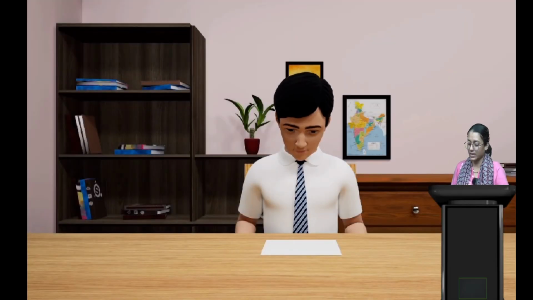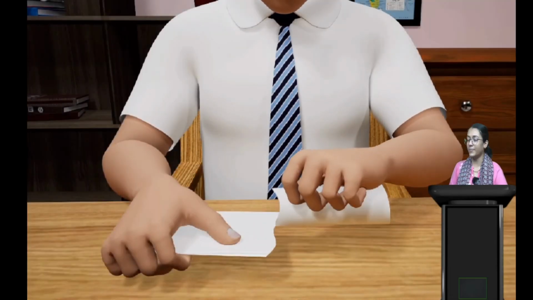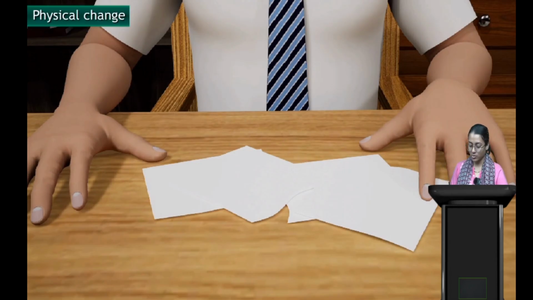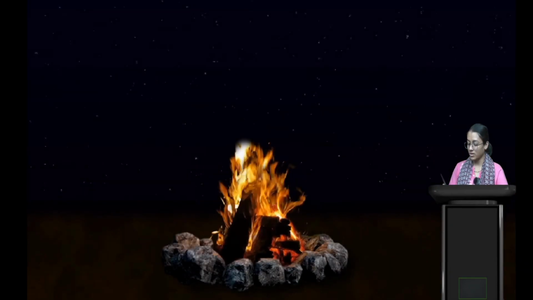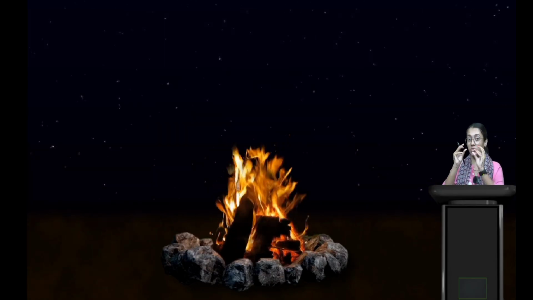See, there is another activity. The boy is tearing a paper and making it into small pieces. Whenever we tear paper into small pieces, this kind of change is known as a physical change.